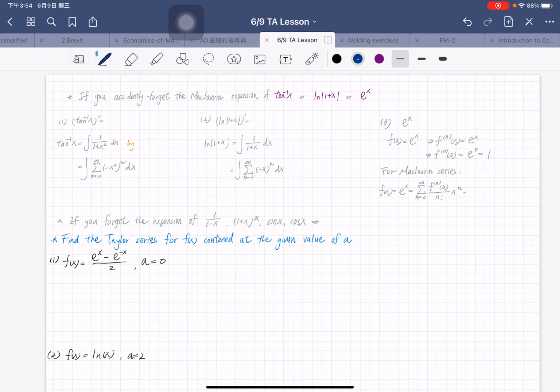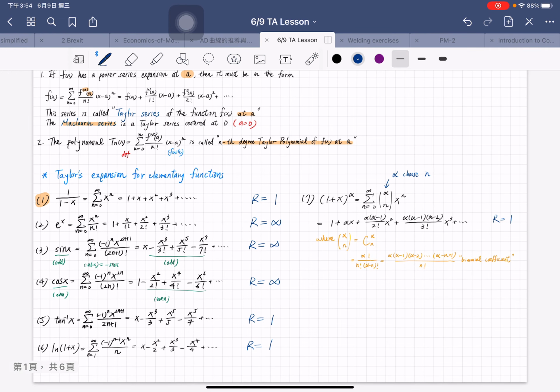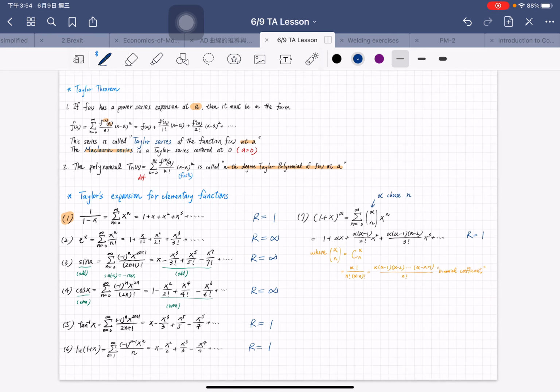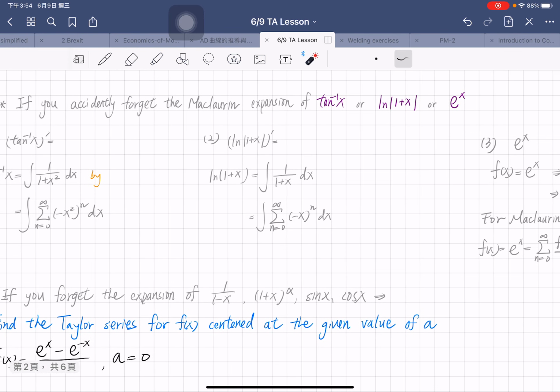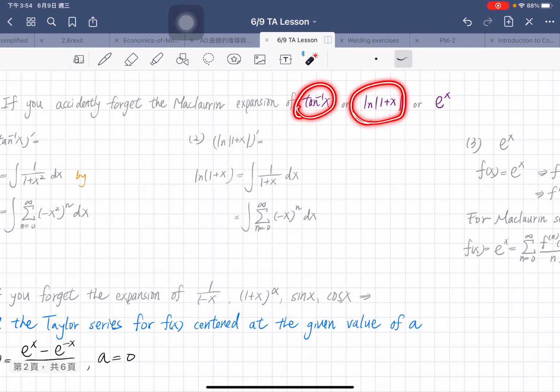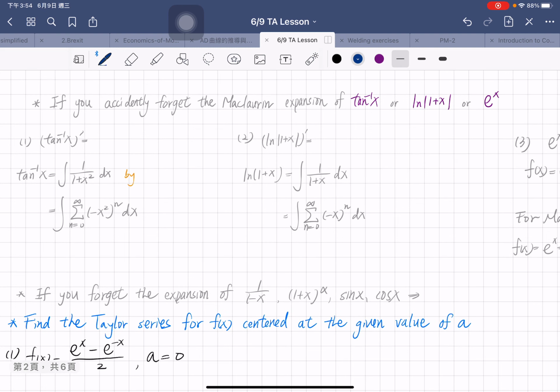Okay, so we have talked about 7 elementary functions, right? But if you accidentally forget arctangent or natural log or e with x power in the test or when you're doing homework, how do you derive it?